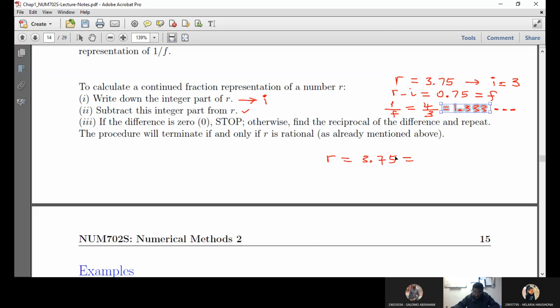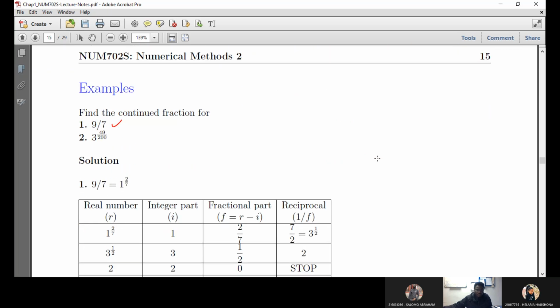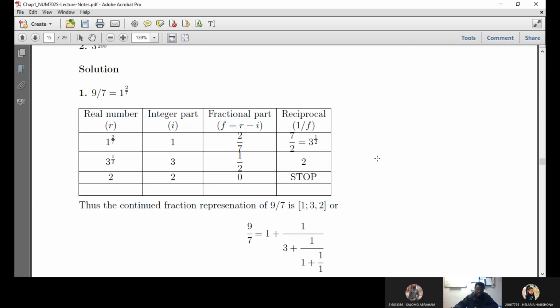And when we say 3 plus this, it will be 3, and then 3/4. This is the fractional part. So 3.75 can also be written like this, because if you add these two, it will give you that. Right. Okay, so that's what we have here.